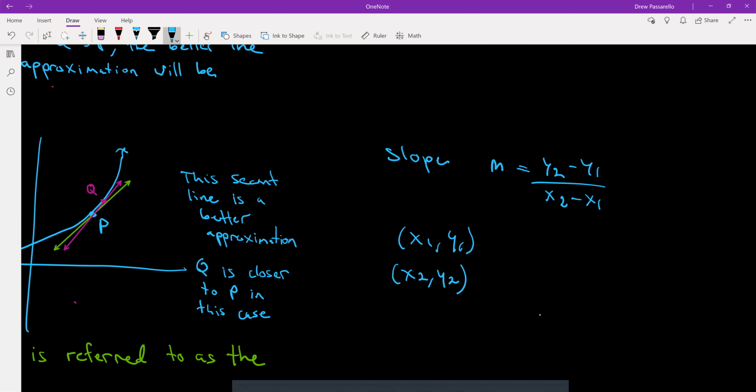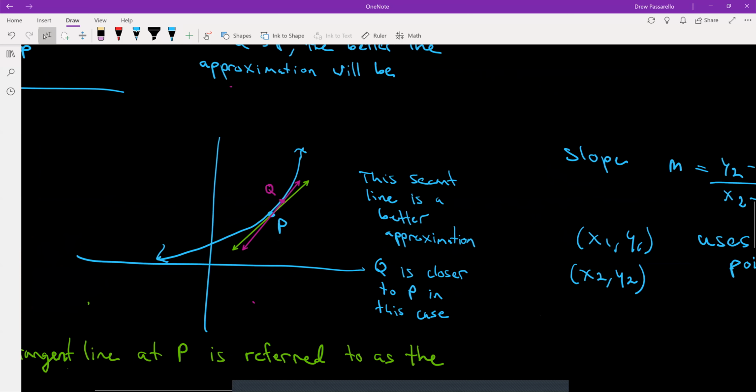This uses 2 points. Slope uses 2 points. So how can I find a slope of this green line that only touches the curve at 1 point? Since I need 2, we're using secant lines to get that approximation.